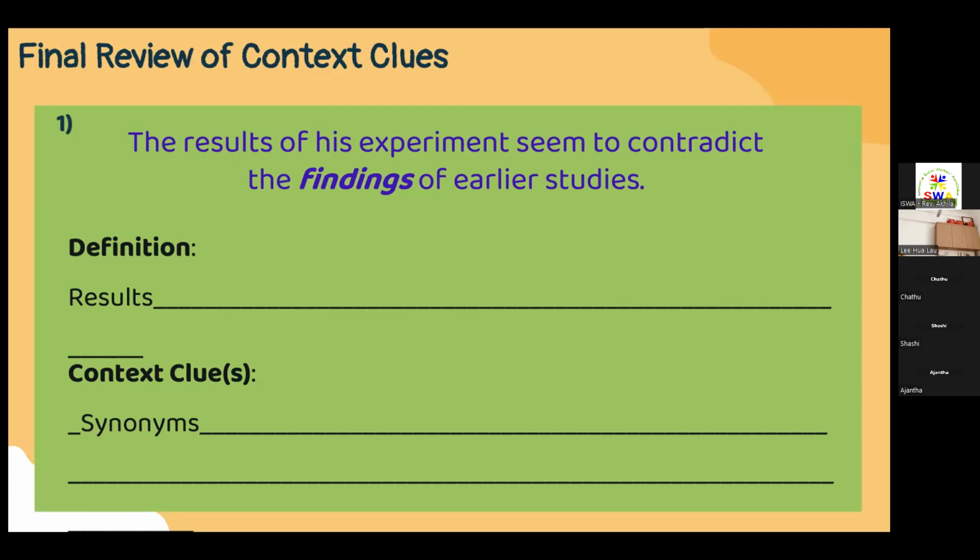From results of experiment, we can understand that the findings probably mean results. The synonym is the category being used.